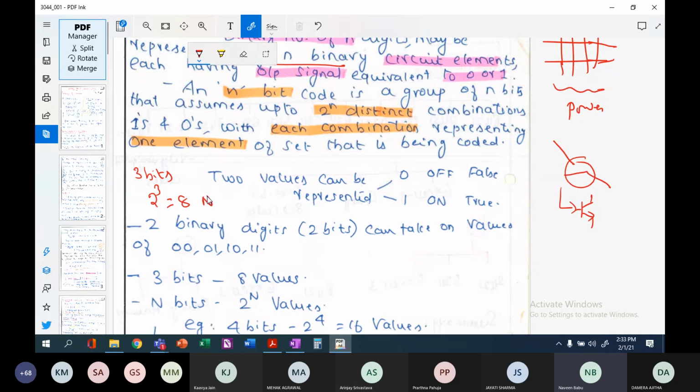If I operate in n bits, then 2 power n bit combinations are possible. What are the two values that can be represented in binary bits? You already know. We call it 0 or 1, off or on, true or false.